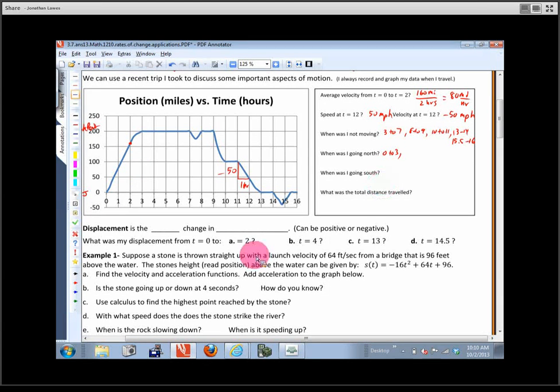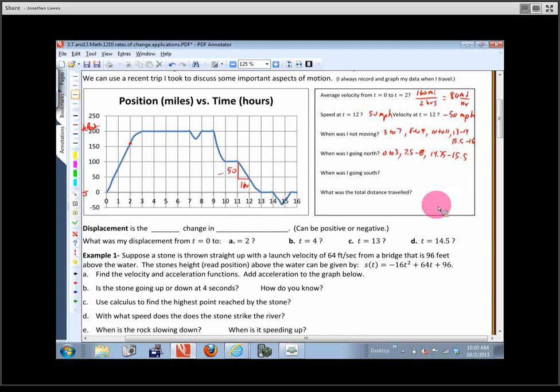When did I have a positive velocity again? We got positive slope here. I got a little positive slope right here. That would be from about 7.5 to 8. And then again from about 14.75 to 15.5, somewhere in that neighborhood.